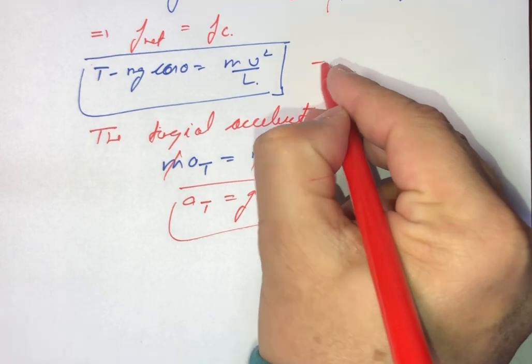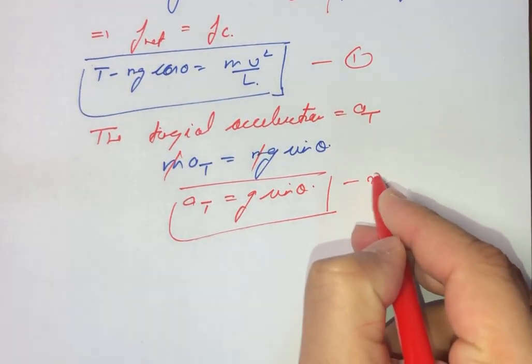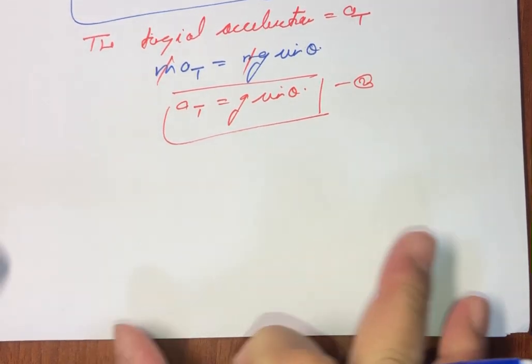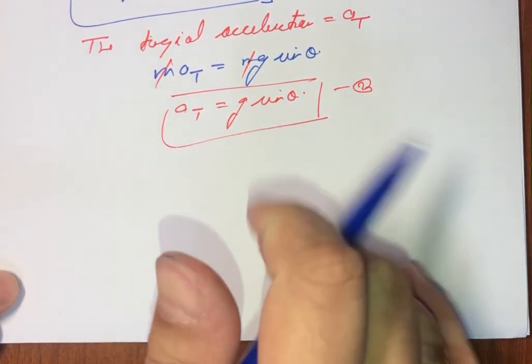So these are the first and second. So we have two relations to be true.